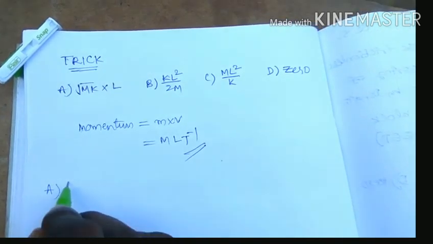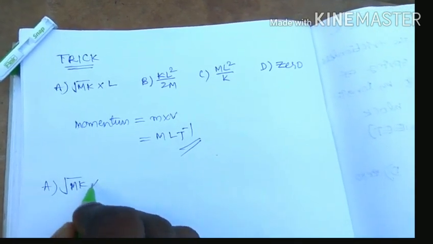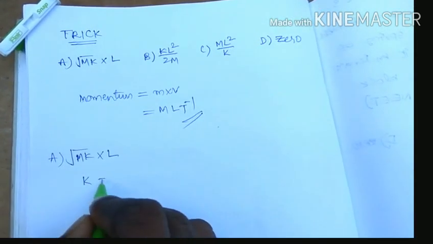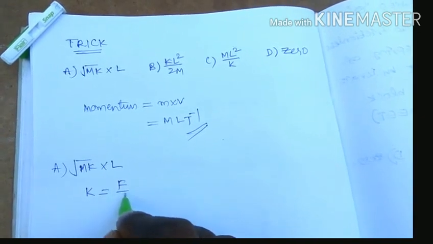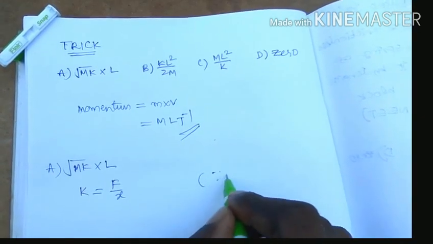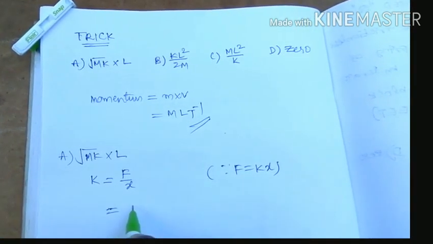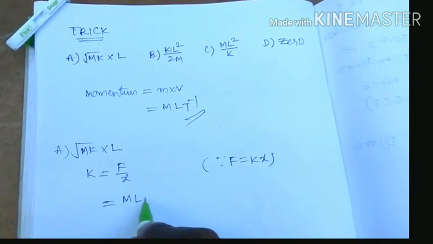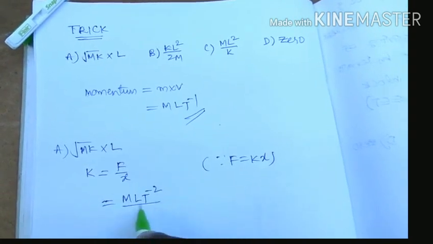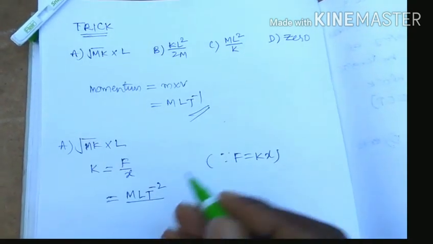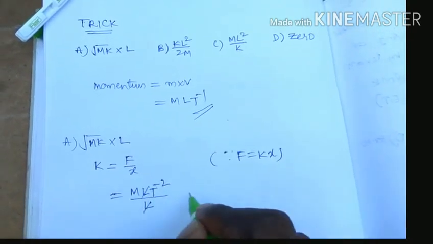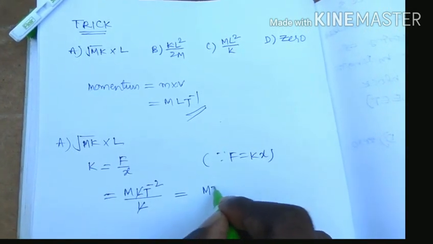Option A, under root of mk into L. k is the spring constant, that is nothing but F by x, since F is equal to kx. F can be written as ma, so it is MLT minus 2 by x, which is nothing but distance or elongation, that is L. L and L will be cancelled out, so it is MT minus 2.